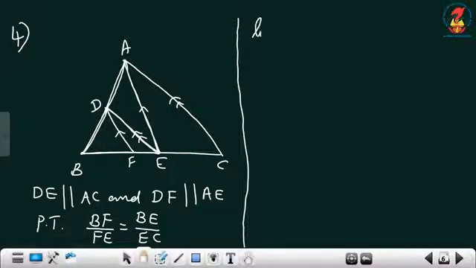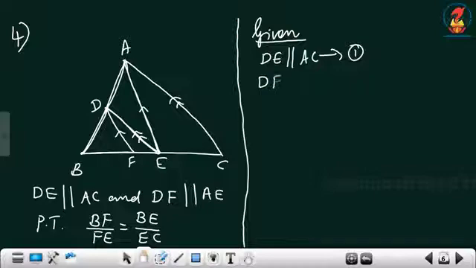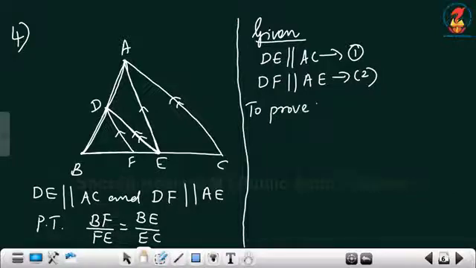So given, DE is parallel to AC, first one, and DF is parallel to AE, second one. And to prove BF by FE is equal to BE by EC. This is what we have to prove.